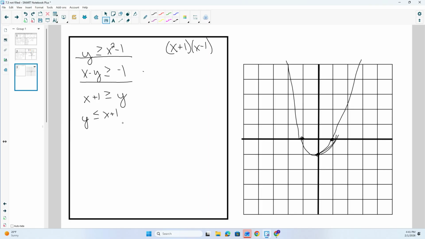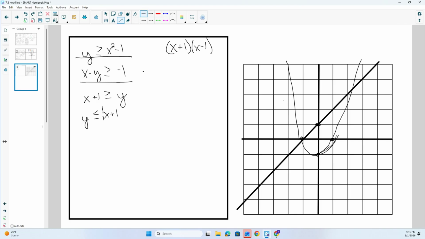So my y-intercept is 1 right here, and I have a slope of 1 over 1. So my line looks something like that.